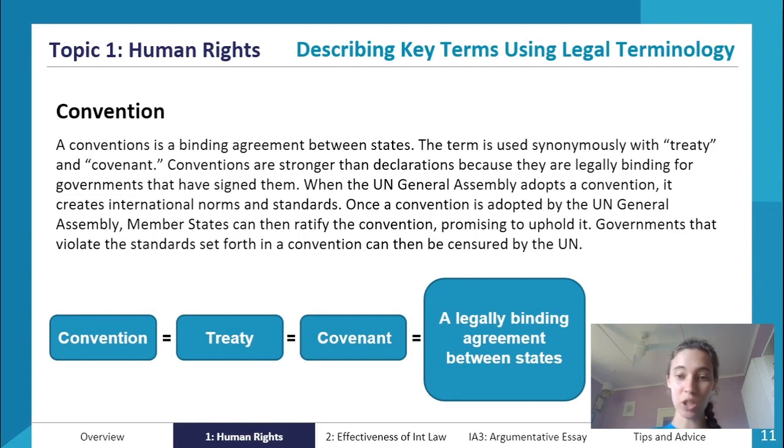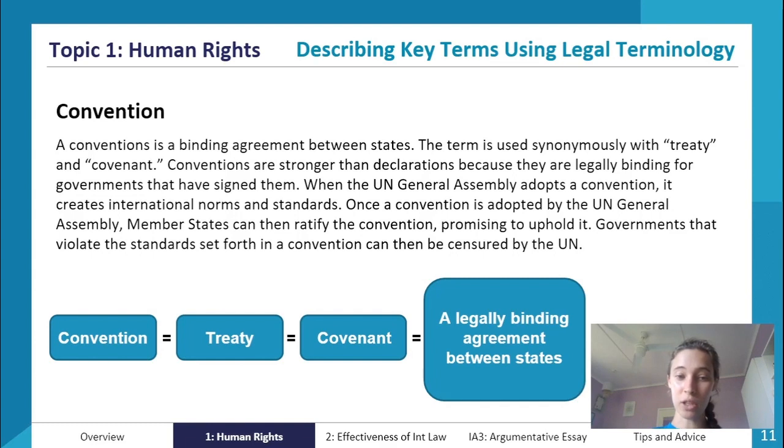When the UN General Assembly adopts a convention, it creates international norms and standards. So, back to that idea of duties and obligations: what are the standards that every state, every country, needs to meet?